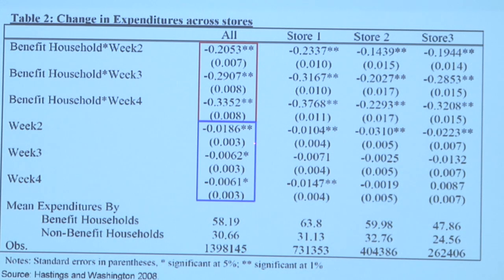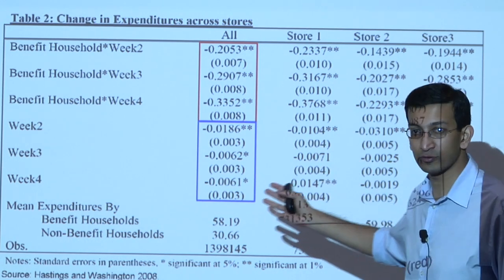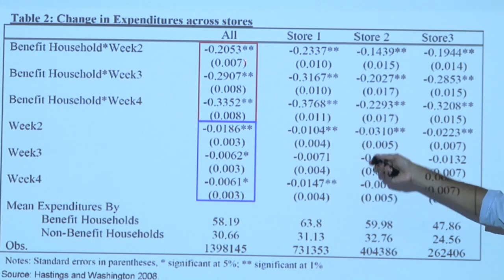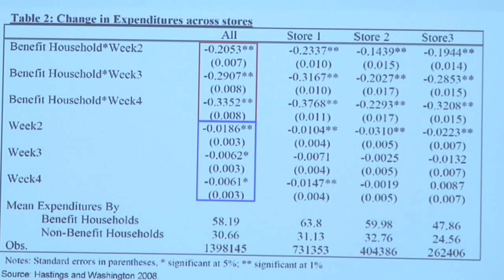So there's a 2% drop and then a little bit of a drop in the later weeks, but it's trivial. It's an order of magnitude smaller than the drop for food stamps recipients. So it makes sense that there's a little bit of a drop for people who don't have food stamps. You might stock up at the beginning of the month when you get your paycheck or whatever, but this is really what's of interest. Okay, so that's the quantity result.